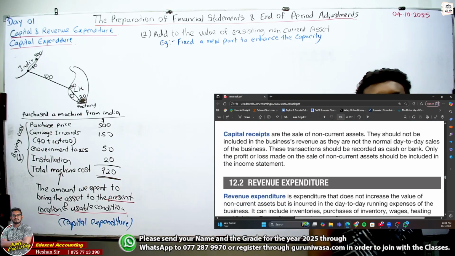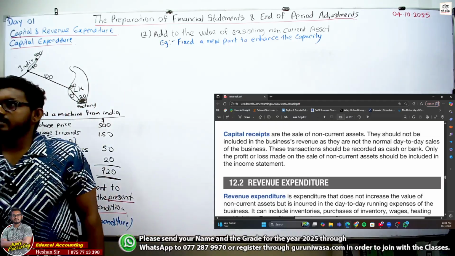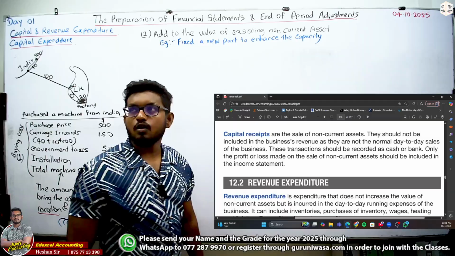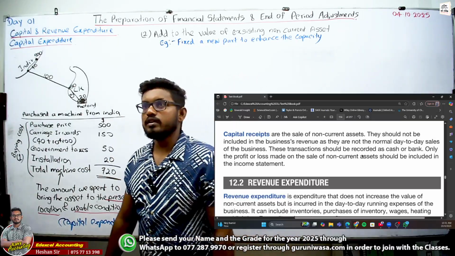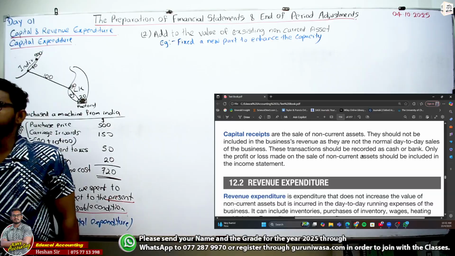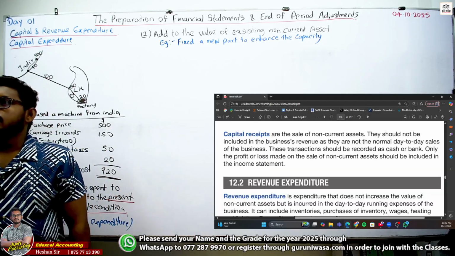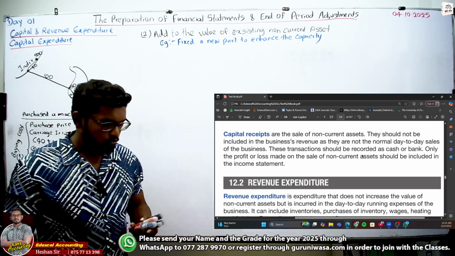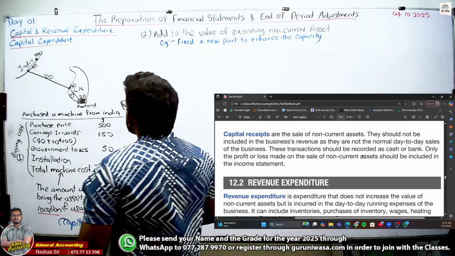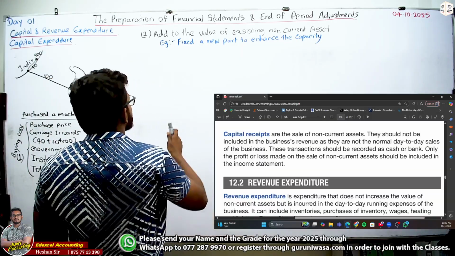Capital receipts are the sale of non-current assets. They should not be included in the business revenue, as they are not normal day-to-day sales. These transactions should be recorded in cash or bank. Only the profit or loss made on non-current assets should be included in the income statement. Now, another thing, this is about capital expenditure.